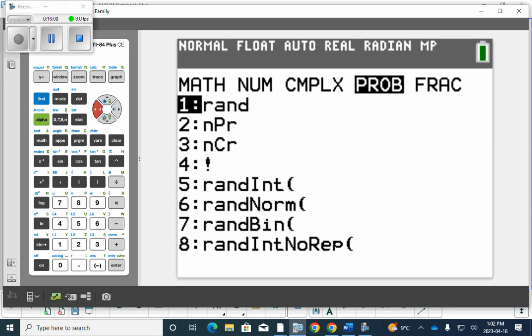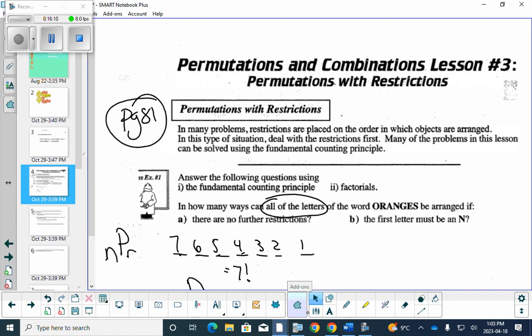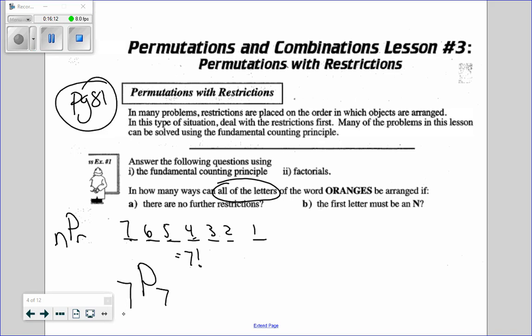So 7 factorial is 5040. Okay? And in this unit, sometimes the answers give you pause. You're like, there's 5,000 ways of rearranging the letters of the word oranges? Yes, there are. Okay. What if the first letter must be an N?